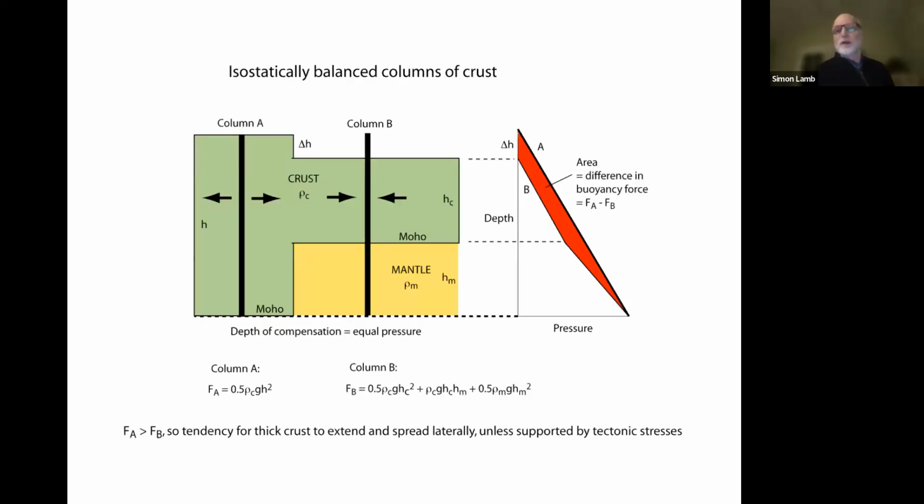In the Earth, it's a little bit more complicated because we're not dealing with a material of constant density. We've got a low density crust sitting on top of a higher density mantle, so we have to take that into account. But basically what we can do is integrate the pressure with depth to work out what that buoyancy force is.